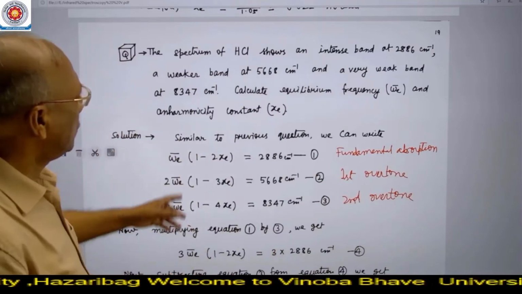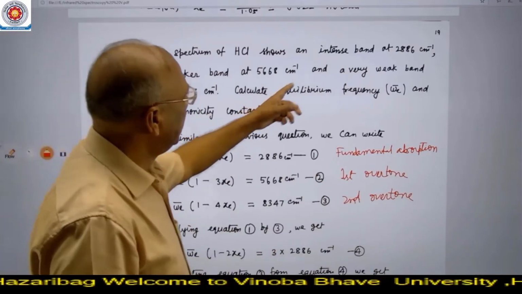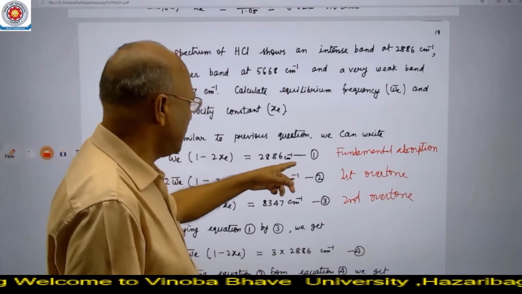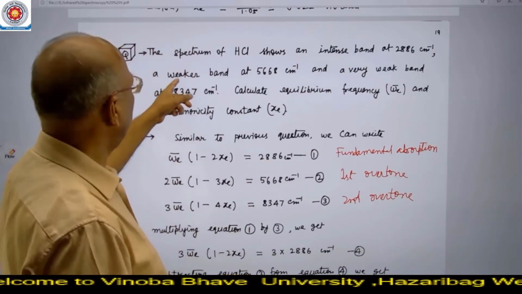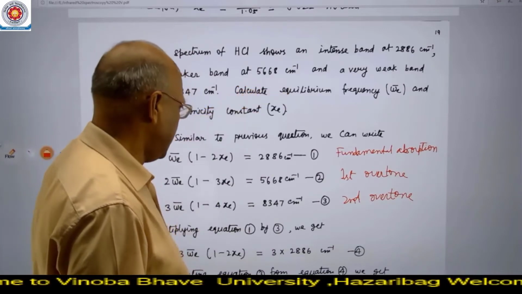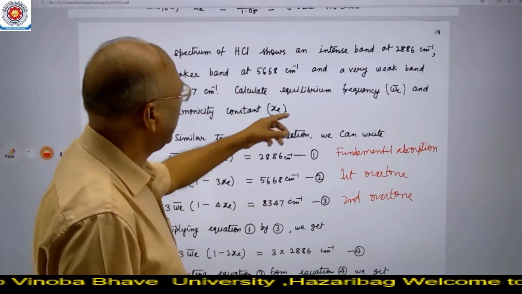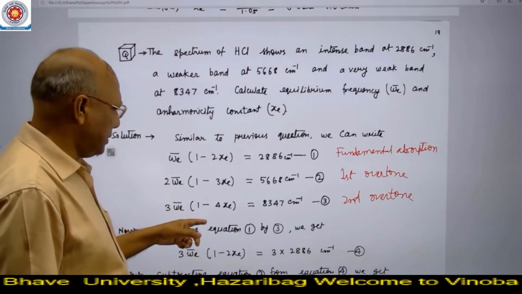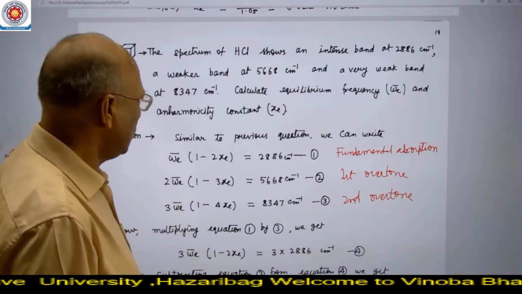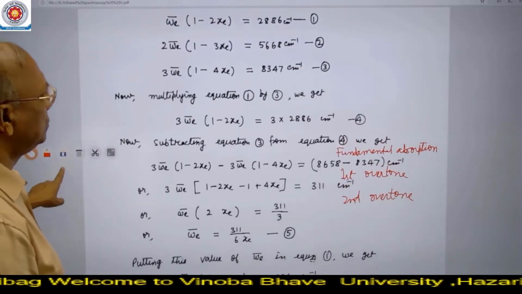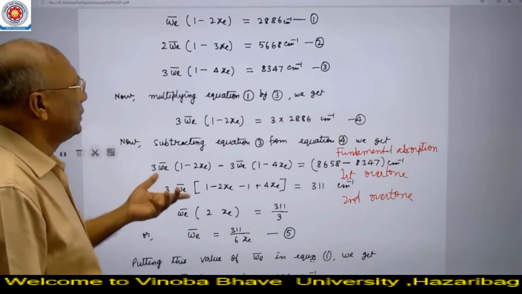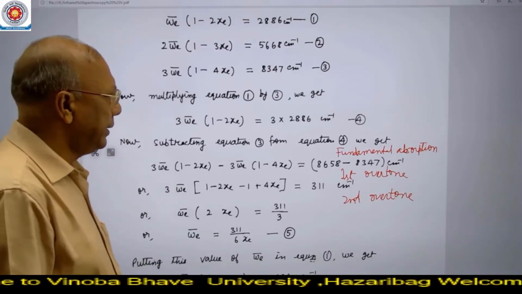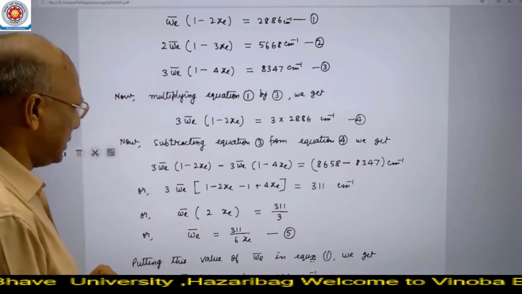According to the question, the intense band at 2886 will definitely be the fundamental absorption, the weaker band at 5668 per centimeter will be the first overtone, and the very weak band at 8347 per centimeter will be the second overtone. So these are equations 1, 2 and 3. Now with the help of these three equations, we have to solve for omega E bar and xe, that is the anharmonic constant.